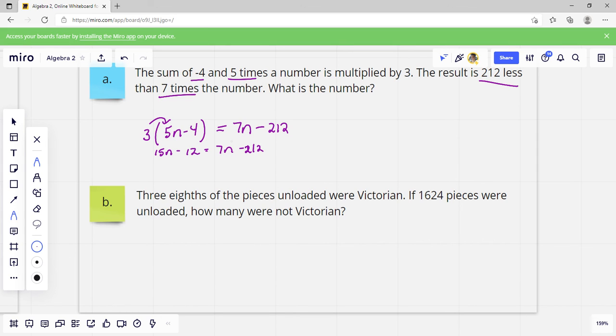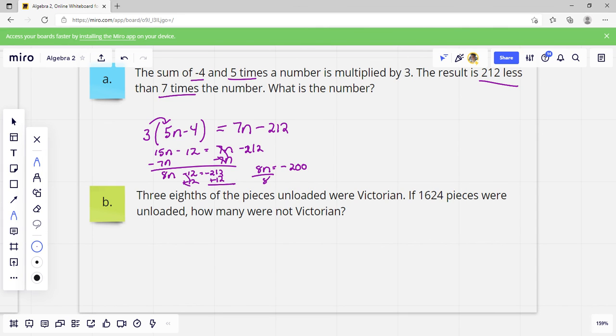Alright, and I got to get my n's together. There. 15 minus 7, so that'll be 8. And minus 12 equals minus 212, and then I'll do plus 12. And I'm going to get, oh, no, that'd be a negative. So 8n equals negative 200.